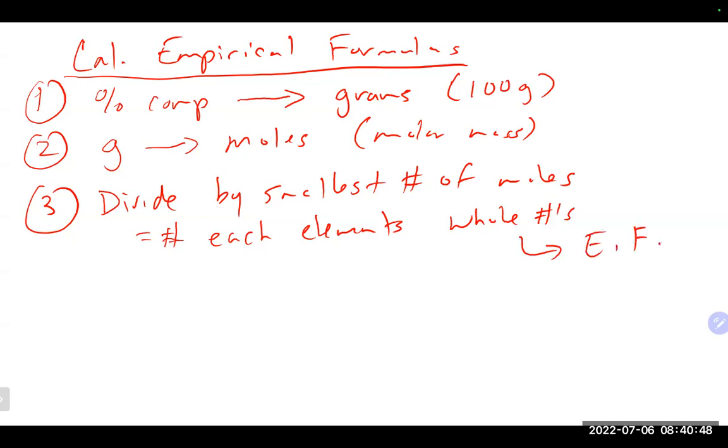So if you get something like 1.9899, somewhere in that ballpark, or a little bit above the number, you could round. We did talk about if you don't hit a whole number, if you get something like 0.5 or 0.33, those are some common ones you sometimes come across. You have to figure out a factor to multiply the formula by to get a whole number, and then that would give you your empirical formula.